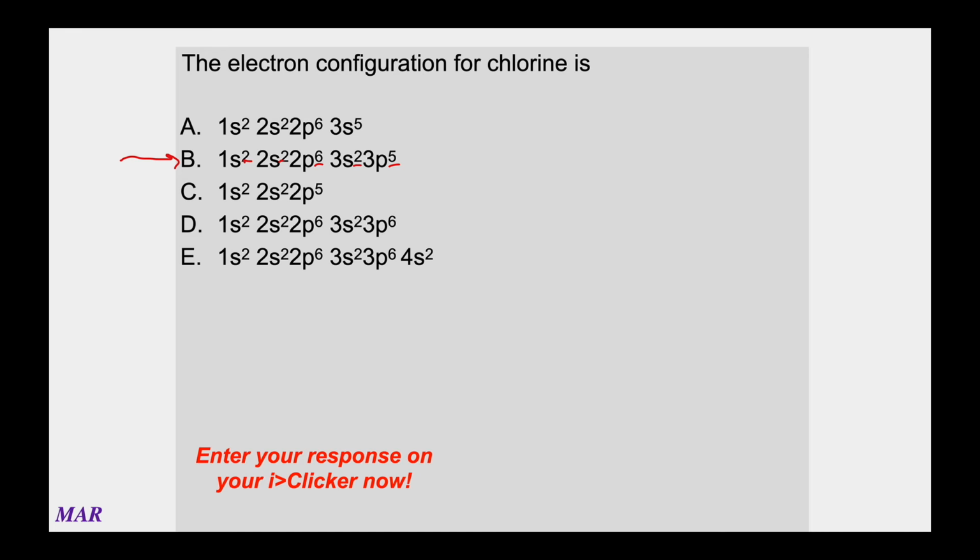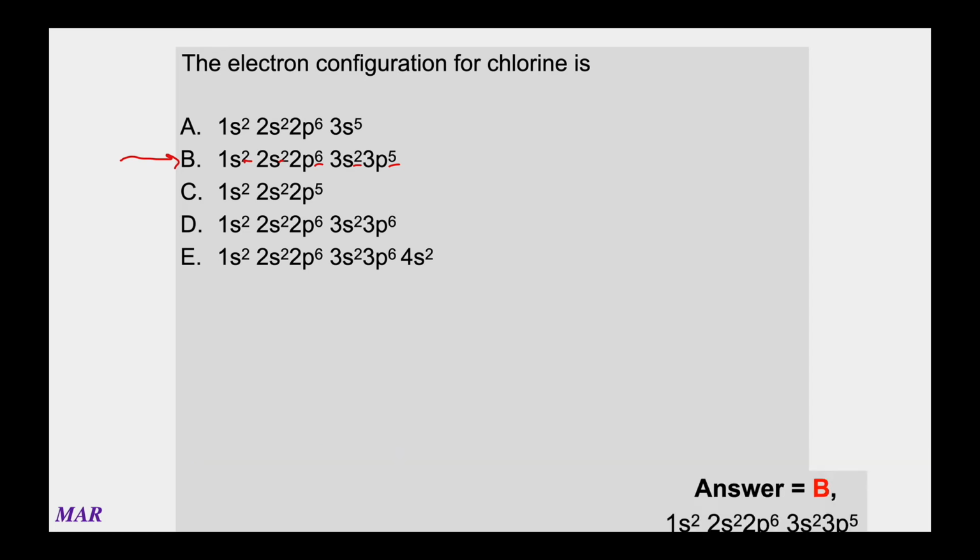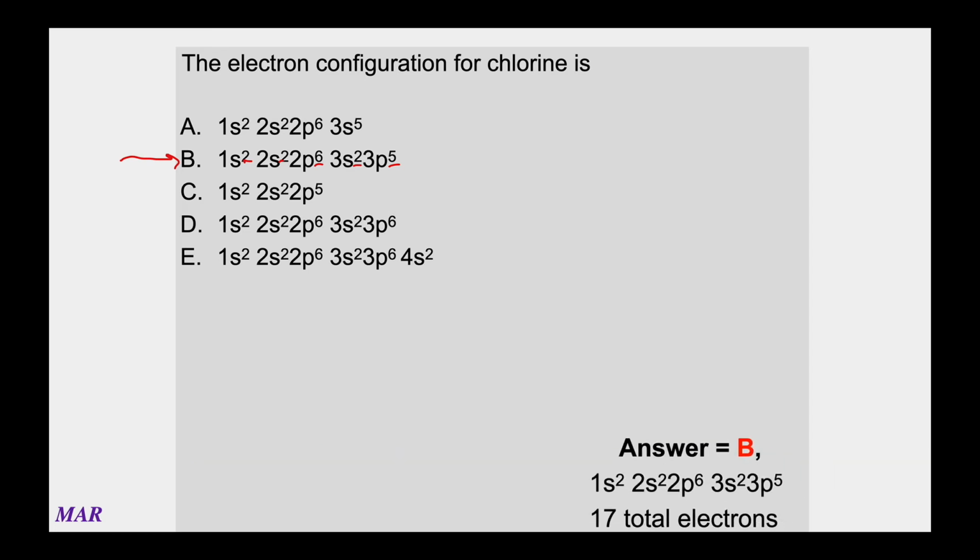The 6 columns on the right of the periodic table are all called the p block. The third period would be 3p, and you put 5 electrons into it. So for example, argon to the right would be 3p6, sulfur to the left would be 3p4.